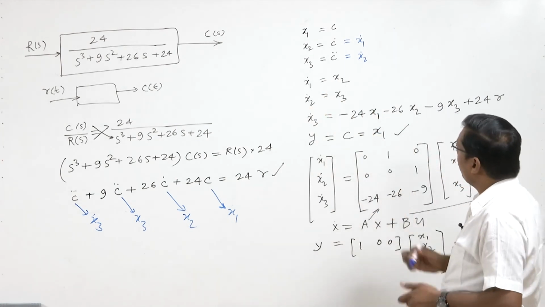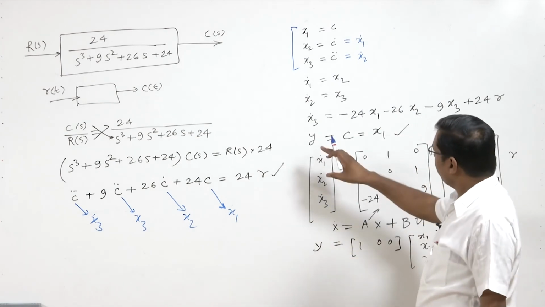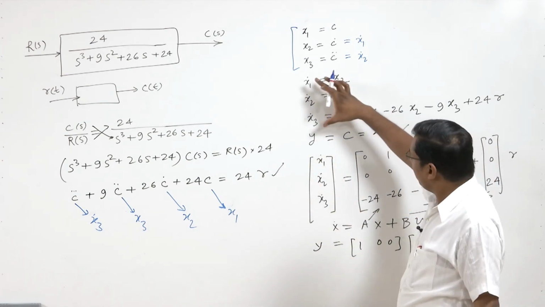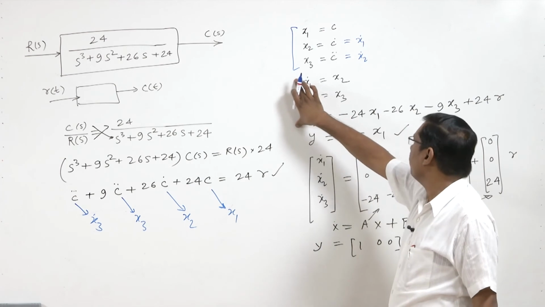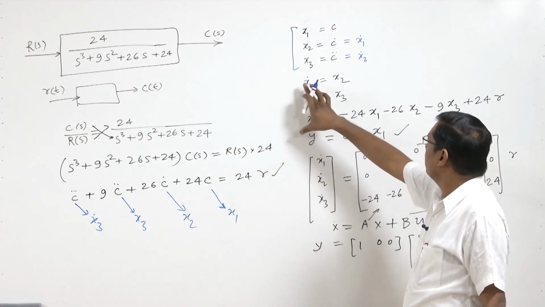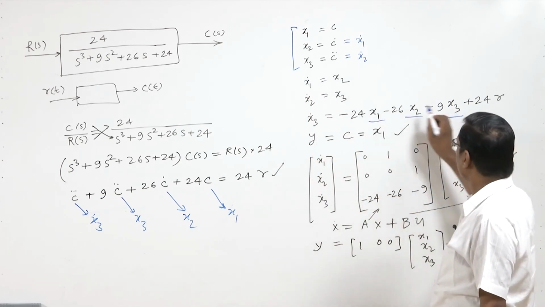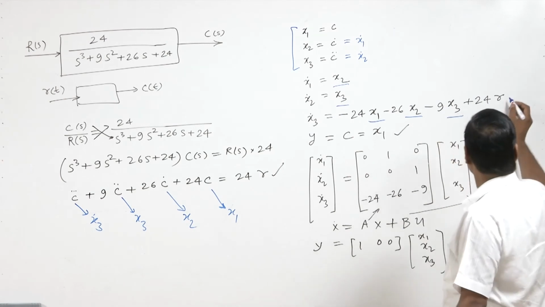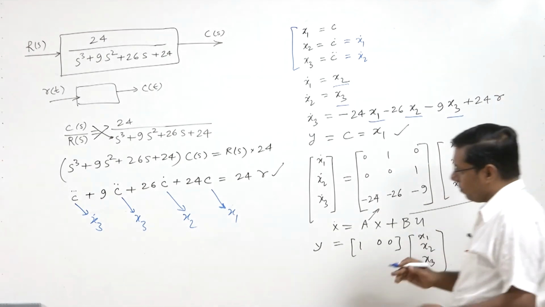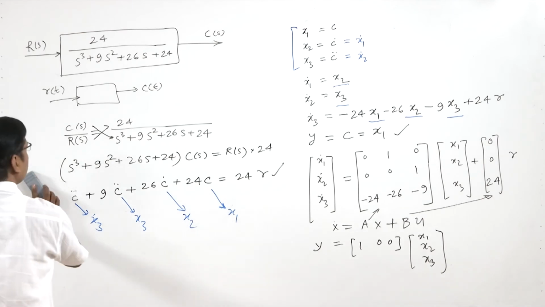So we obtain these as state variables, and because in the state space equation we need the derivatives, we represent derivatives in terms of the state variables x1, x2 and x3, and here r is the input.